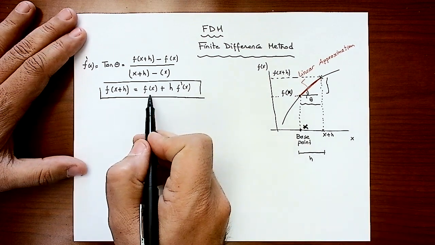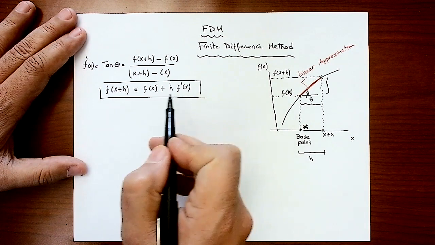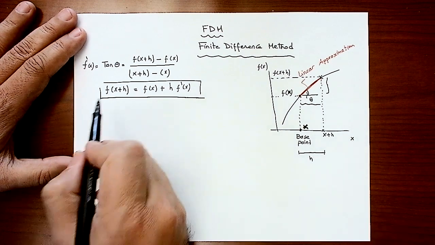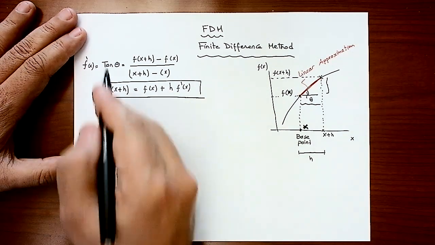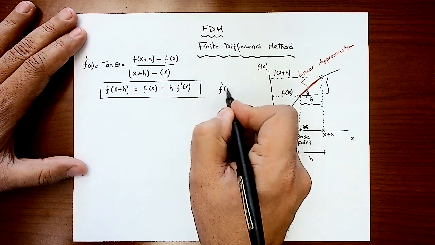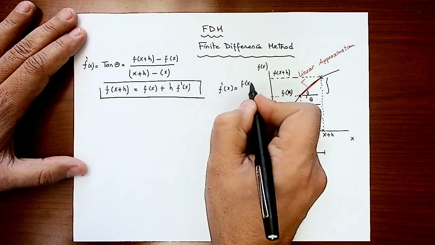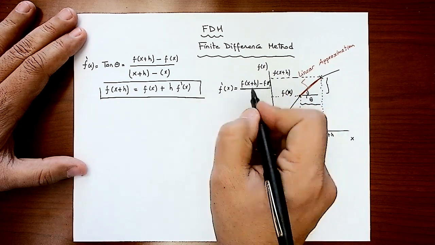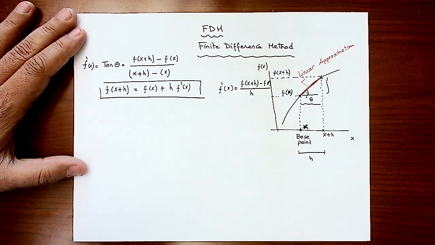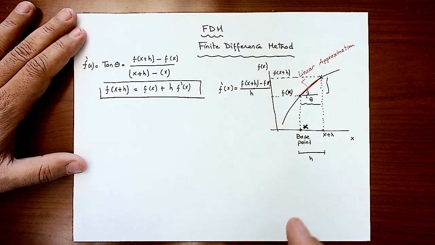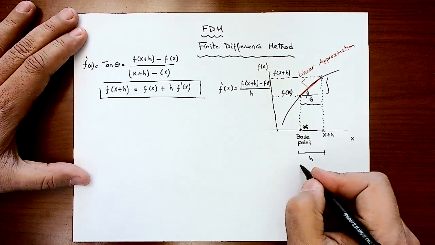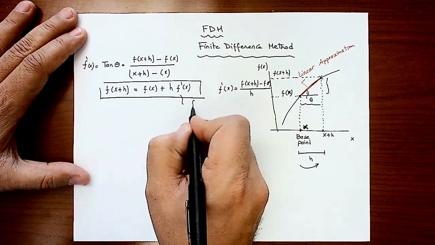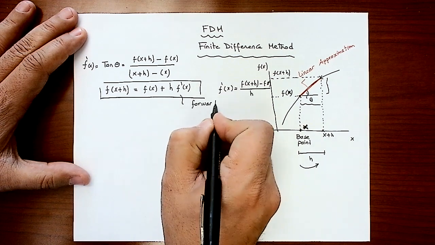So with the function at the base point, the slope of the function at the base point, and then the distance or the grid size that we're going to set up later on, I can predict the value of the function. And again, the slope of that straight line is simply f of x plus h minus f of x, divided by h. Because the linear relationship was based on a point forward to the base point, we call that the forward method.